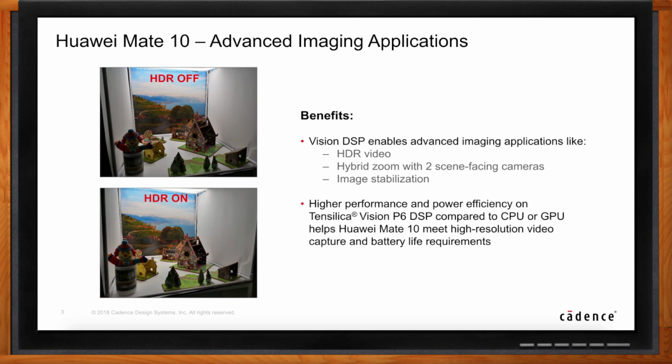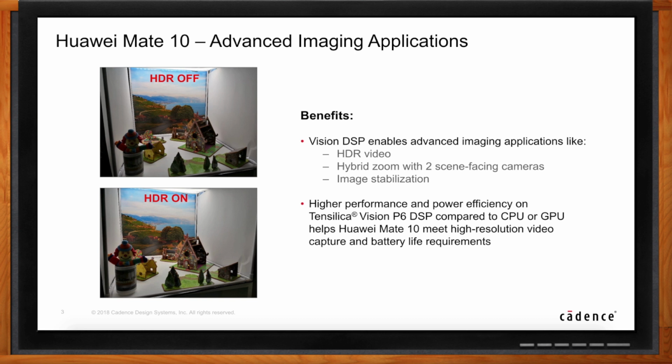On the left hand side you see a picture with HDR off and HDR on. This is a classic situation with HDR where you see a very bright light and there is a disparity in intensity, and because of that, when you try to take a picture, the mug and the joker in the mug, the face becomes very dark if the HDR is off, and once the HDR is turned on, you start getting the detail out of this image.